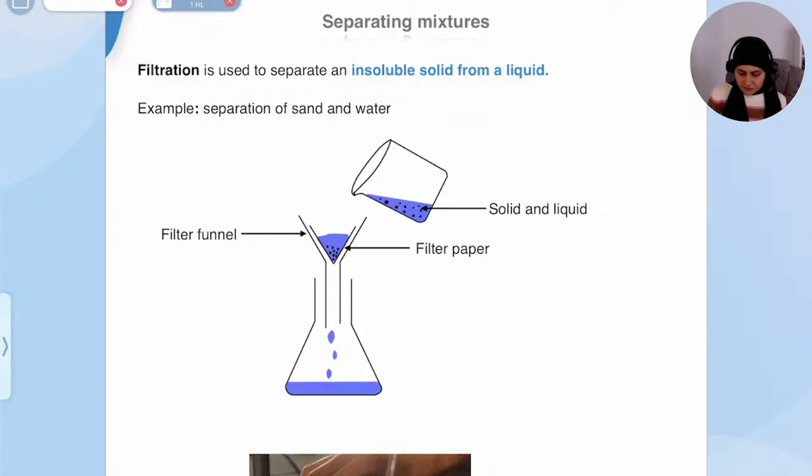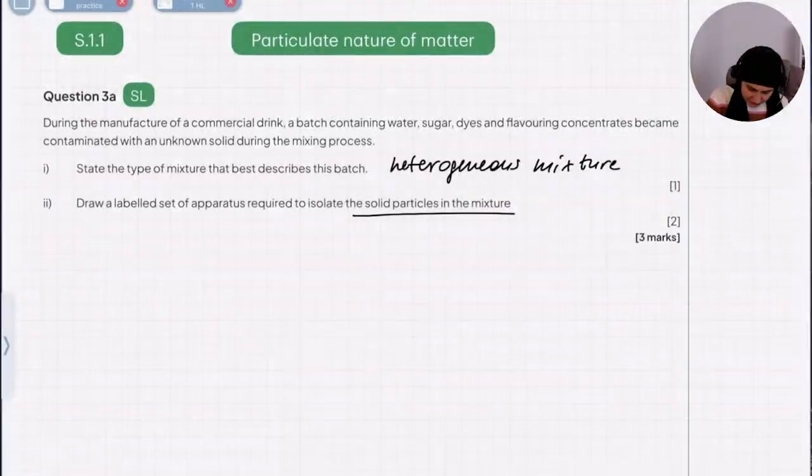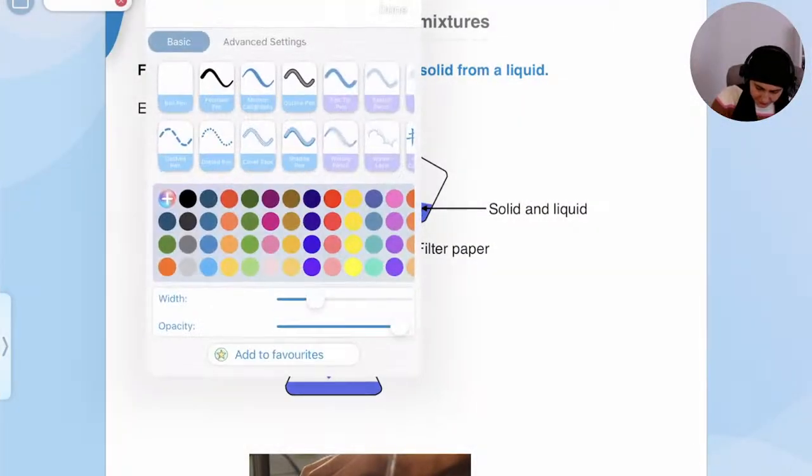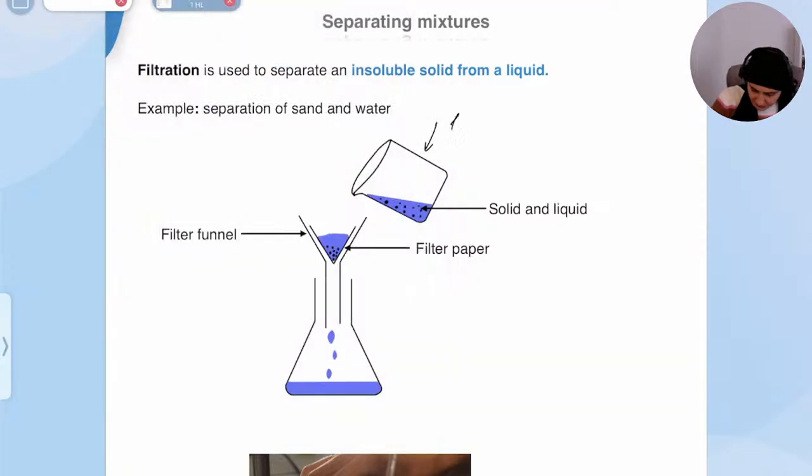So this would be a filter funnel, filter paper, solid and liquid, and they also asked for a labeled diagram, so I would also denote a beaker and a conical flask. I think that's good enough of a diagram.